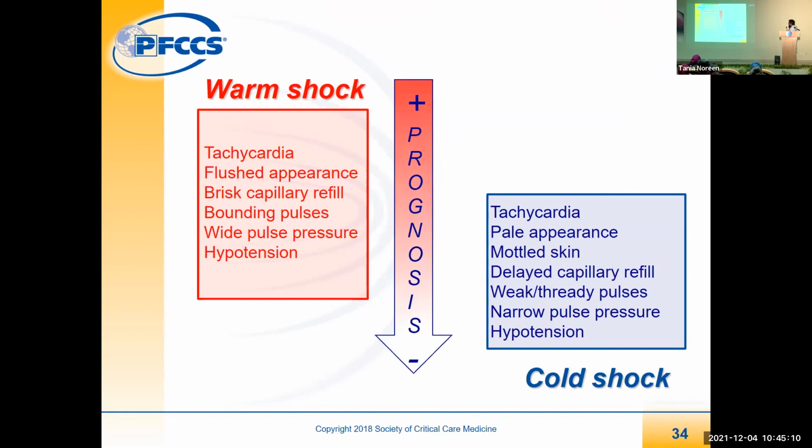When we intervene in these patients, we need to check that the heart rate is coming down, appearance, brisk refill is getting better, pulses are less bounding, pulse pressure is less widened, and pressures are improving or not. Warm shock and cold shock are both tachypneic, but in cold shock it's pale, mottled, and capillary refill is delayed. It's narrow pulse pressure in contrast to wide in warm shock, and ultimately will be hypotensive. Okay.